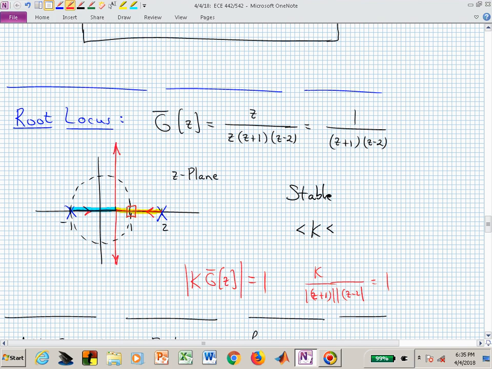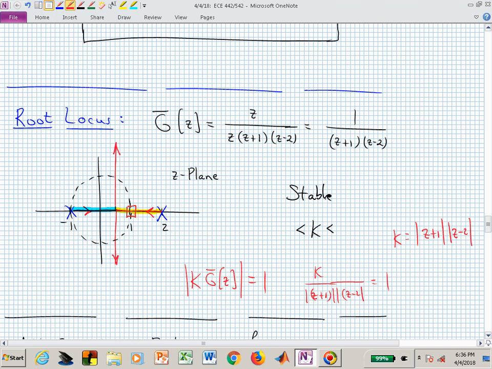I solve this for k, and now I could evaluate that at z equal to 1. If z is equal to 1, what ends up being my value for k? I have 1 plus 1, there's 2, times 1 minus 1, which has a magnitude of 1.